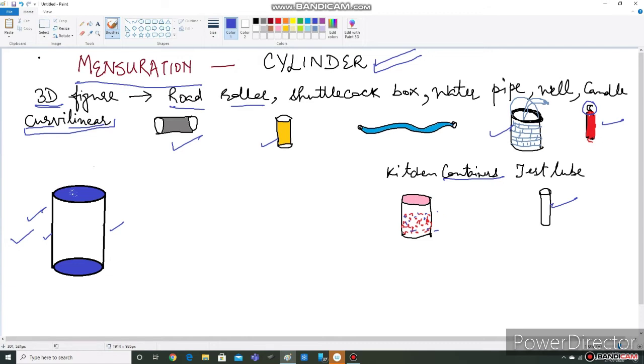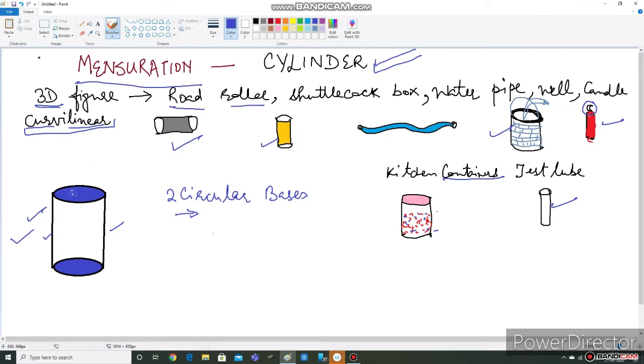Now let us directly come to the standard shape of the cylinder, which I have already drawn before you, right? Students, it has got two circular bases which I have shaded blue. Listen, now I am making it clear.